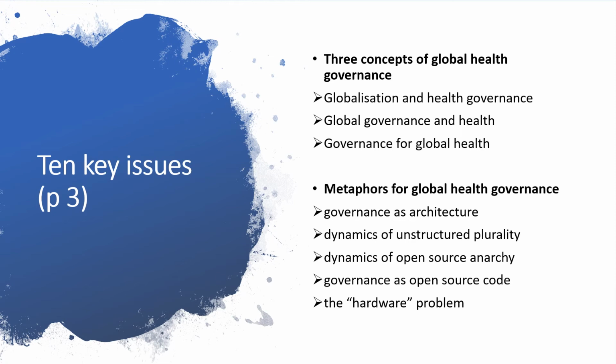And he moves then to a metaphor of an open source code. So think of, he uses the example like a software. It's almost like you have, for each issue, sort of a software of what works to manage that problem.